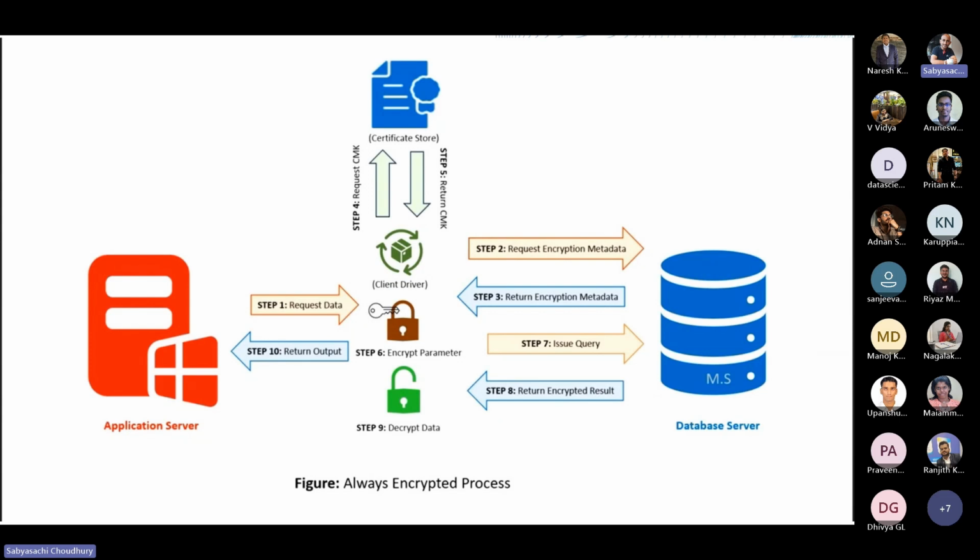It will not be supported on-premises. The driver then encrypts the parameters before sending them to the server and decrypts results after receiving them. So the database engine works entirely on encrypted text and the plain text is never exposed inside SQL Server.